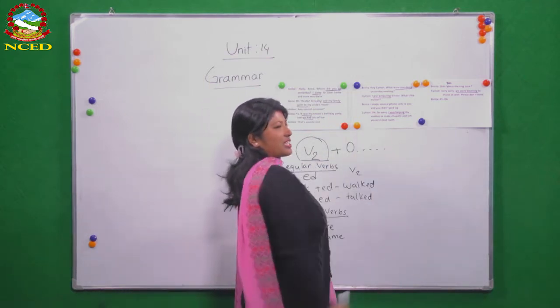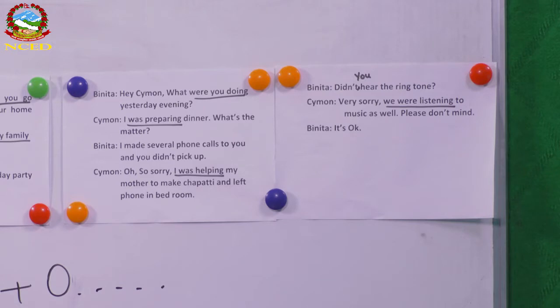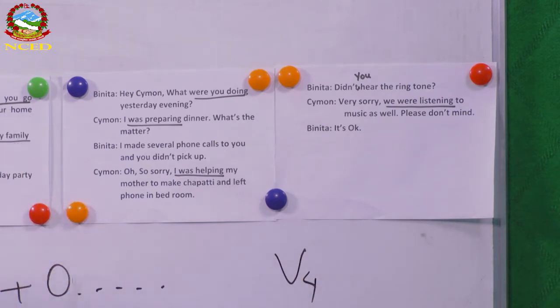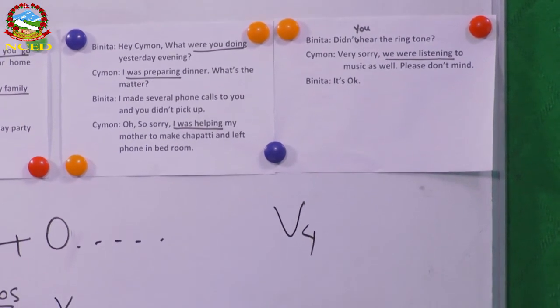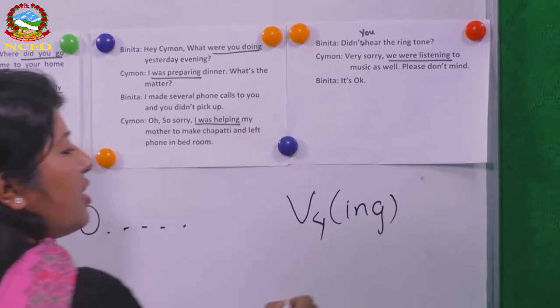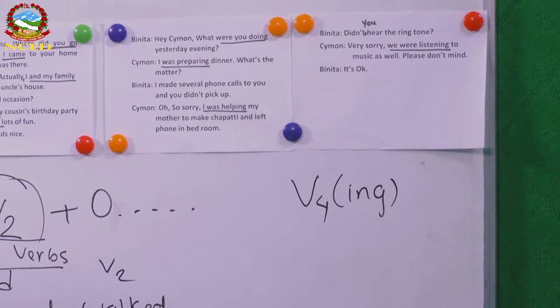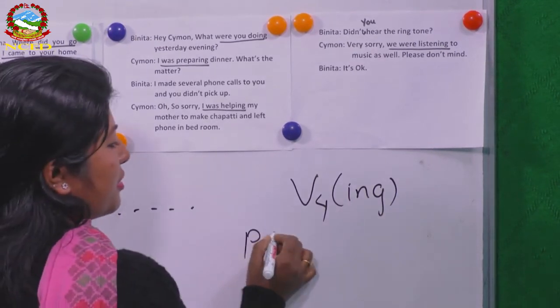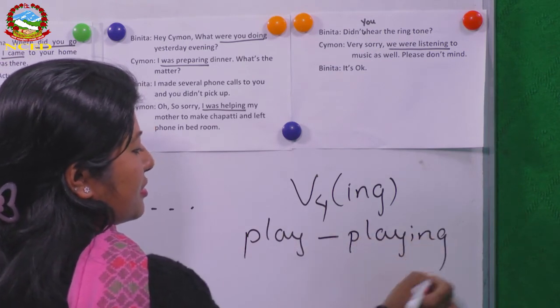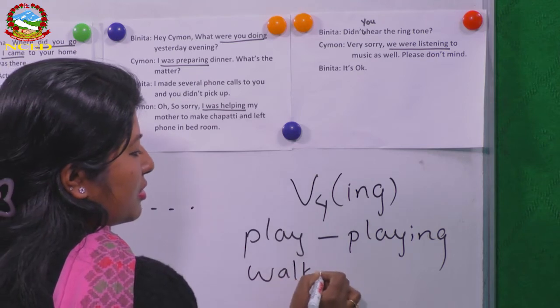So did you notice what the structure is? Can you derive the structure from those statements in the conversation? Here is the use of which verb? Verb four. What is verb four? Verb four means the ing form of the verb. For example, play, playing, walk, walking.